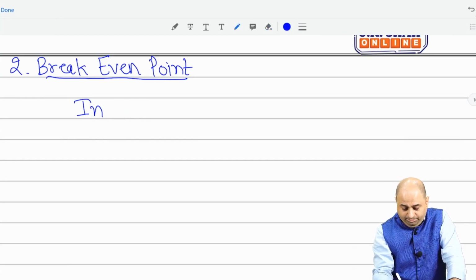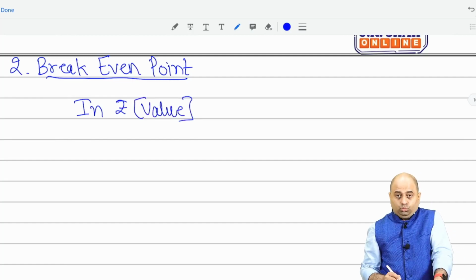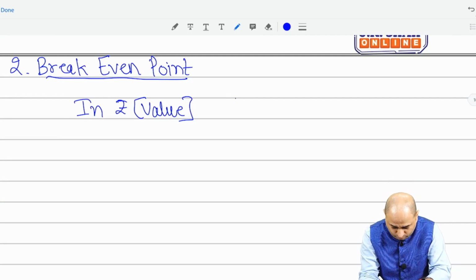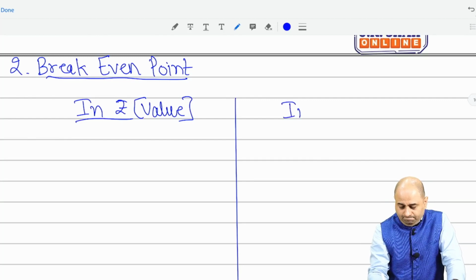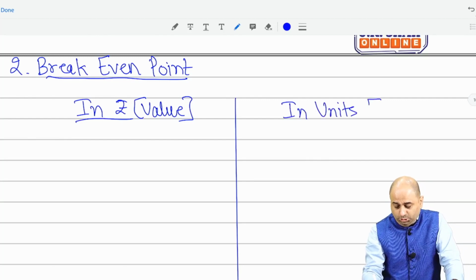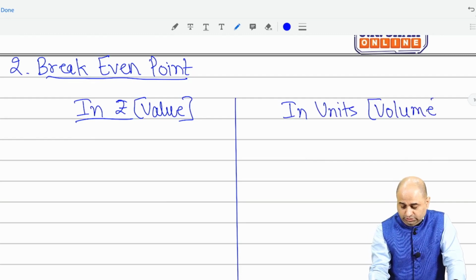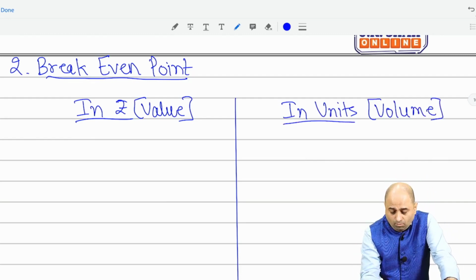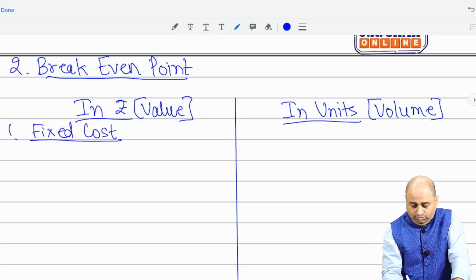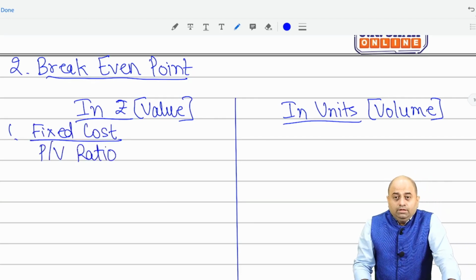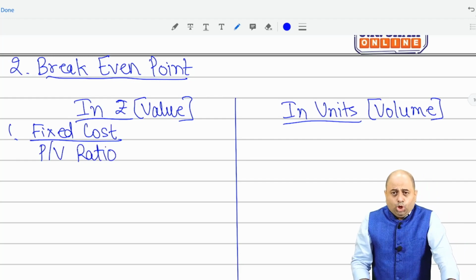First, I'll pick up in rupees. Some questions sometimes use the word value. And in units, some questions sometimes use the word volume. So first formula: it is fixed cost upon PV ratio.